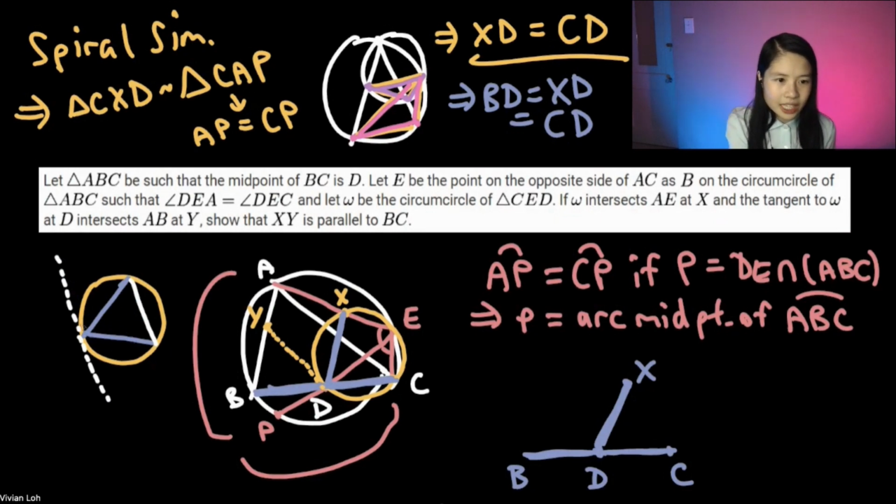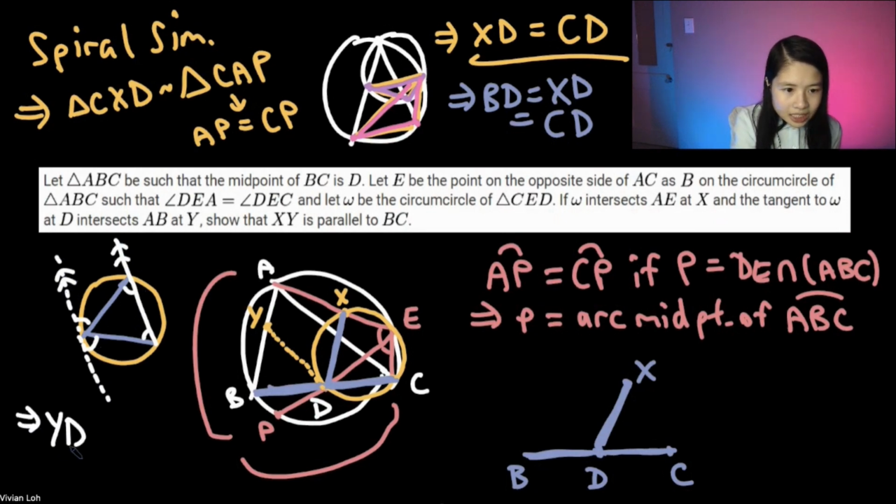And I guess you could even angle chase it. Like you could show that this angle is equal to this angle is equal to that angle is equal to that angle. But anyway, these 2 white lines are going to be parallel. So we have that YD is parallel to XC.